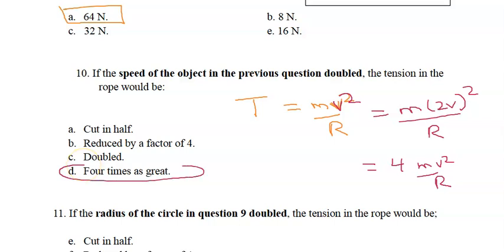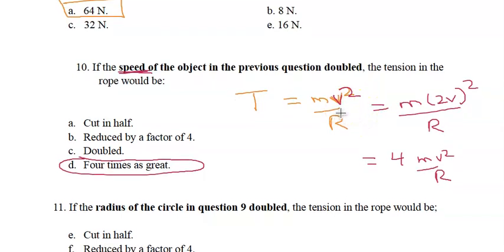So it is 4 times as great because the velocity is squared. And again, I think that's just a great skill in quantitative problems because it means doubling one quantity gives you 4 times another quantity. Oh, that means that quantity is really important. Okay, but you can run through the math, but I think it's a good skill.